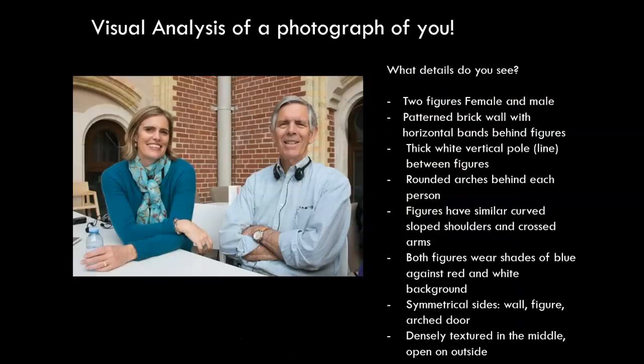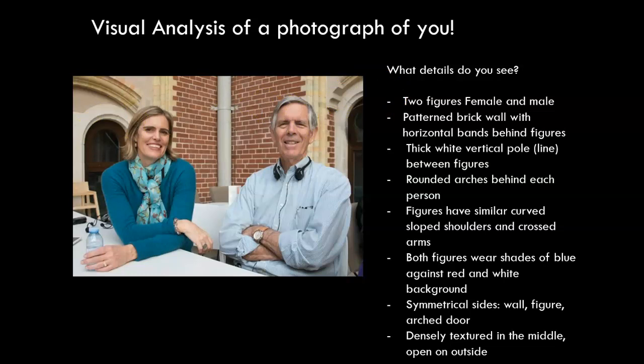So what details do you see? I see two figures, male and female, a patterned bricked wall with horizontal bands behind the figures, a thick white vertical pole line between the figures, rounded arches on either side behind each person.